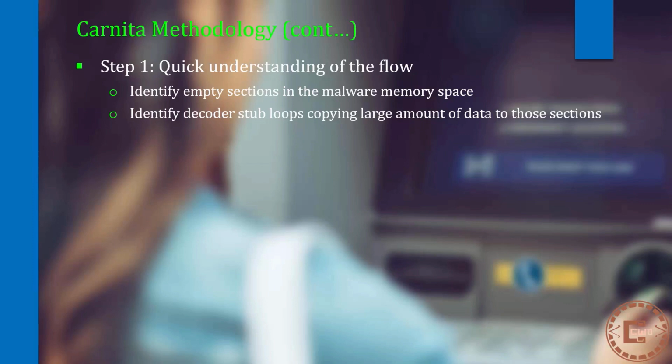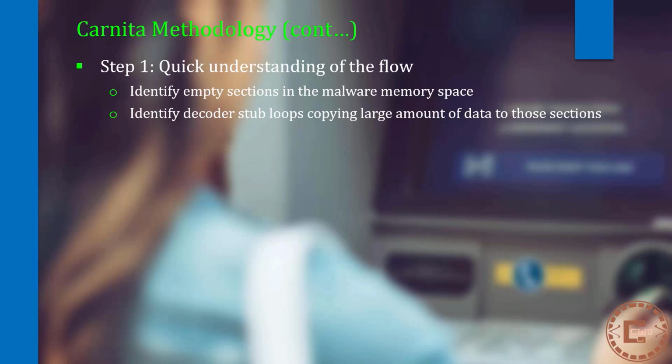Like UPX. UPX has an empty section UPX0, and all the data is copied from another section, UPX1, into the section UPX0 in memory, and then it jumps into UPX0. That kind of behavior is what you really want to try to find.